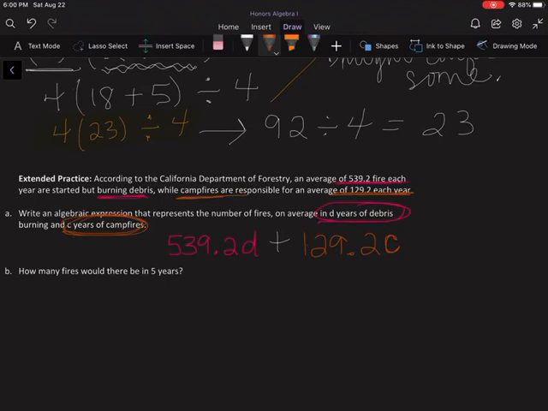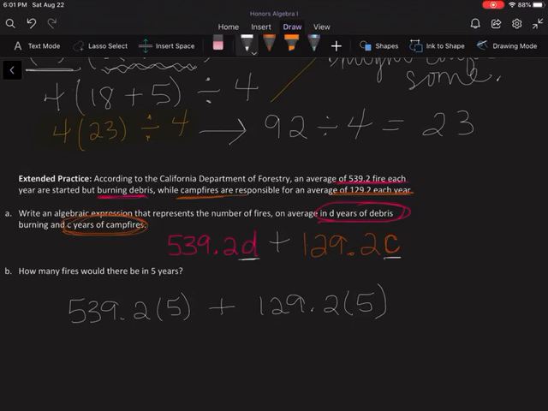Okay, so how many fires would there be in 5 years? So this again is the years of debris and years of campfire. I plug in 5 for each of those. Okay, and we will have to use a calculator for that. I'm just not going to do that by hand.